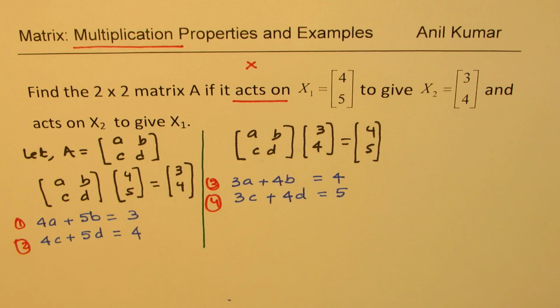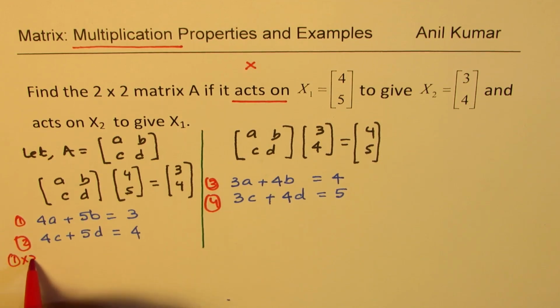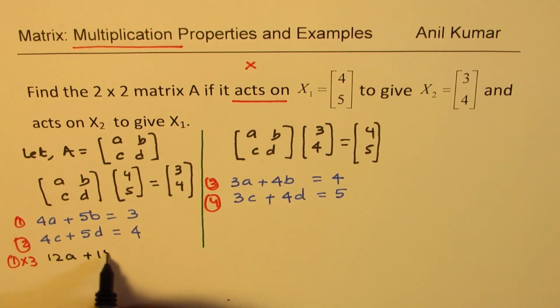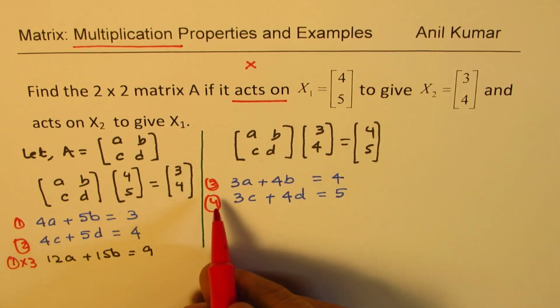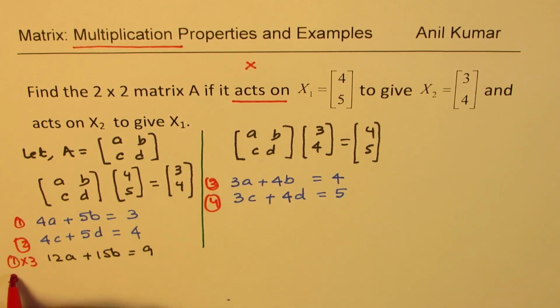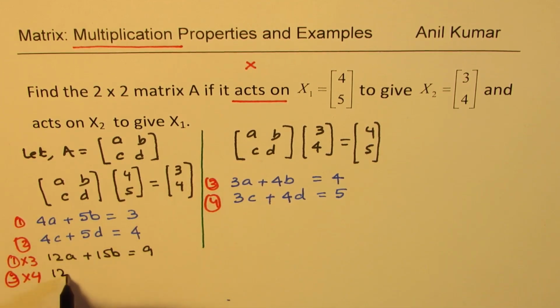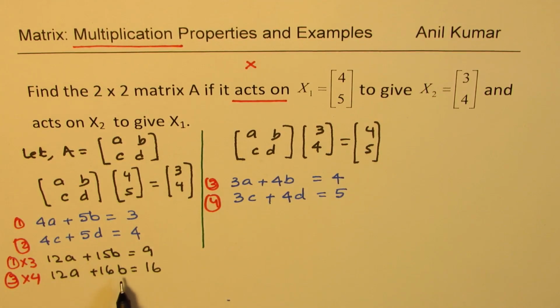Multiplying equation 1 by 3, I get 12a plus 15b equals 9. Multiplying equation 3 by 4, I get 12a plus 16b equals 20, so I can find the value of b.